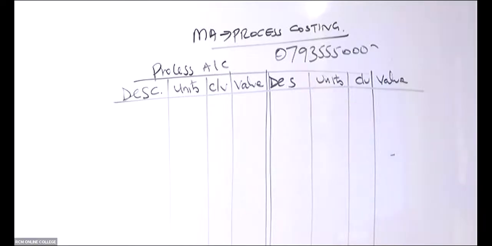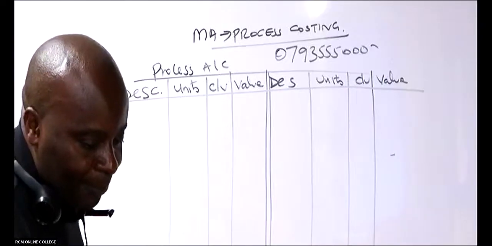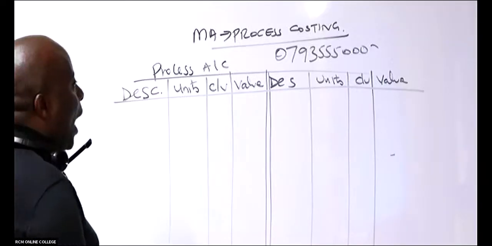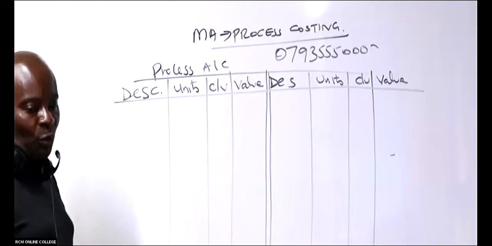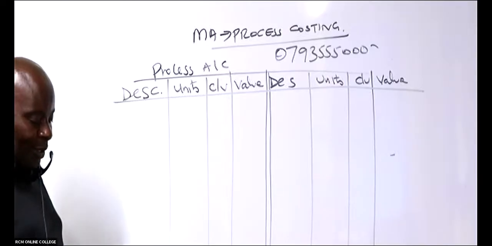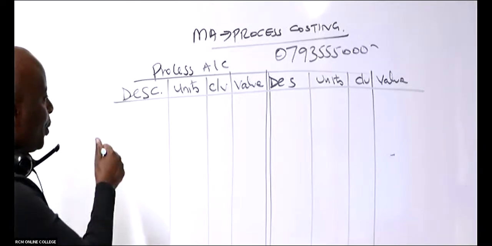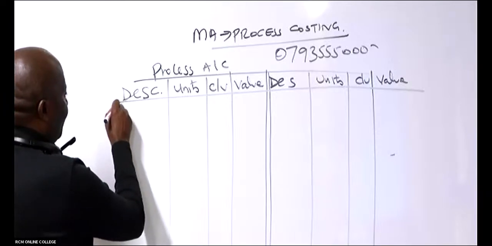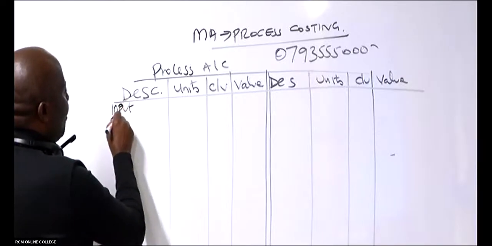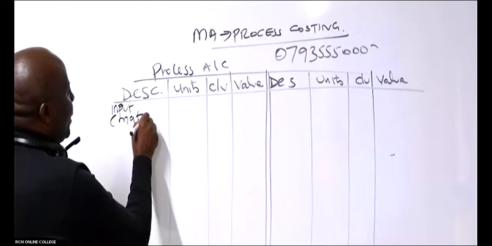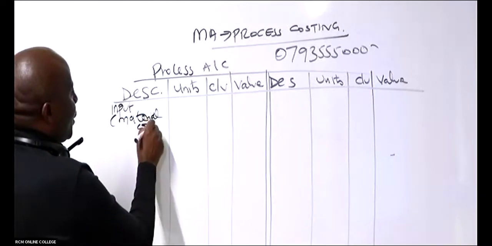So now what you're going to do, ladies and gentlemen, first of all, is to map out our throughput. Let's bring our throughput account here. I hope you remember the throughput. So we have here the input, which basically will lead to what we call material cost.